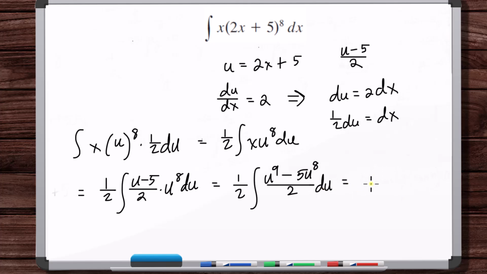Okay, so this is 1/2, and then you'll have u to the 9th divided by 2 minus 5/2 u to the 8th du.